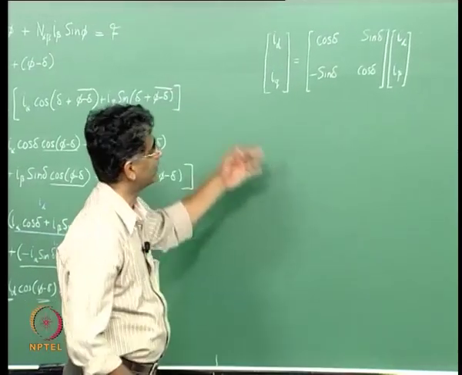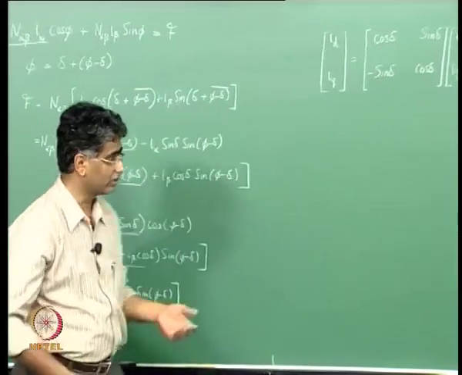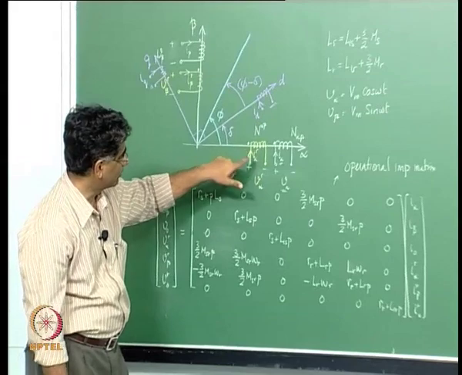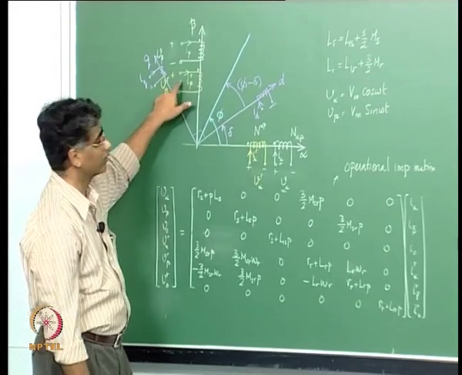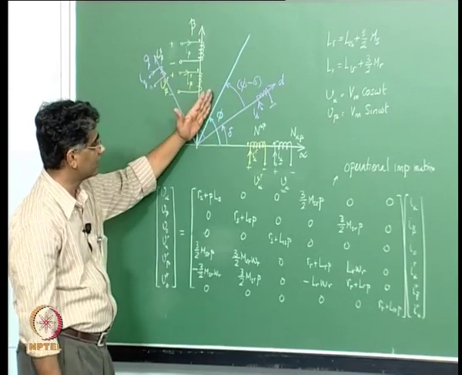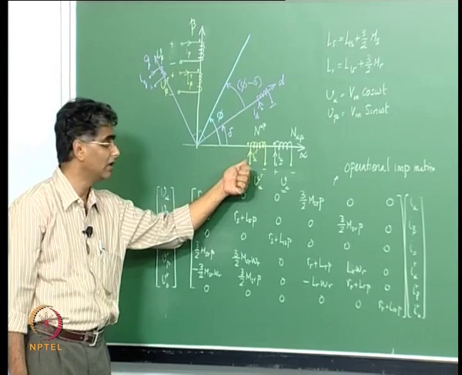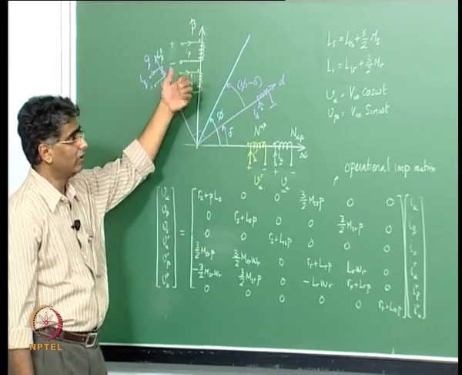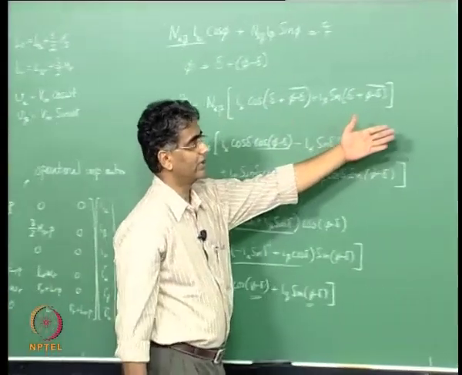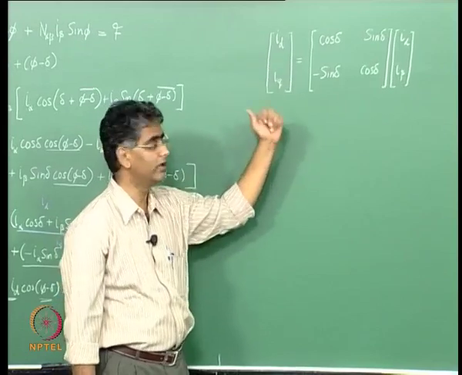This is for the stator. We could have done the same thing for the rotor as well, because the rotor also has one coil, though pseudo stationary, one coil on the alpha axis and one coil on the beta axis. If we want to determine at this angle phi what is the MMF generated due to this current in the alpha coil and this current in the beta coil, you would proceed in the same way and you would get a similar expression for the equivalent flow of currents along the D and Q axis.